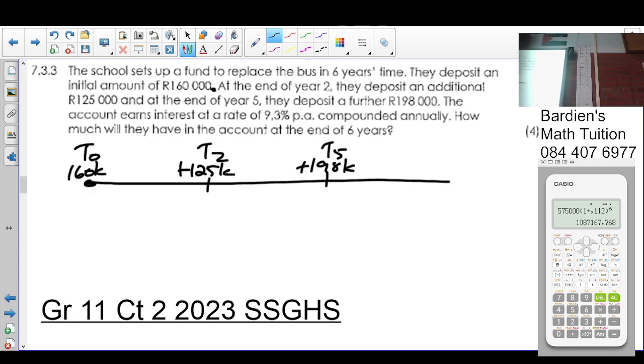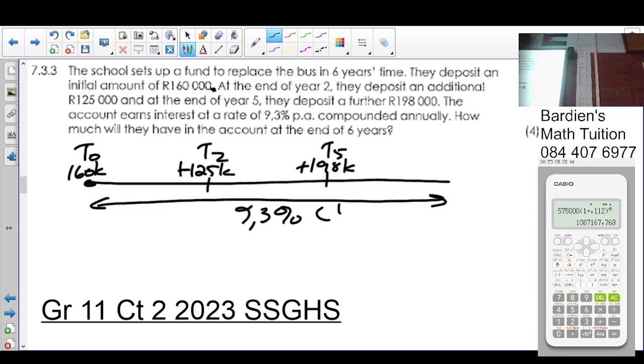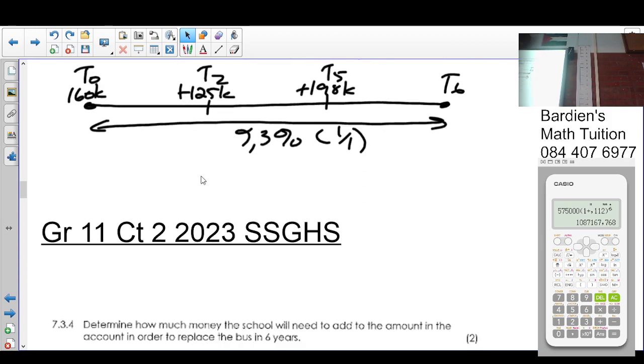The account earned an interest rate of 9.3% per annum compounded annually. How much will they have in the account at the end of 6 years? Okay. You guys understand? Right. Let's go.